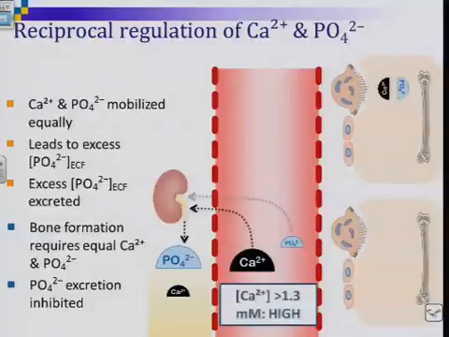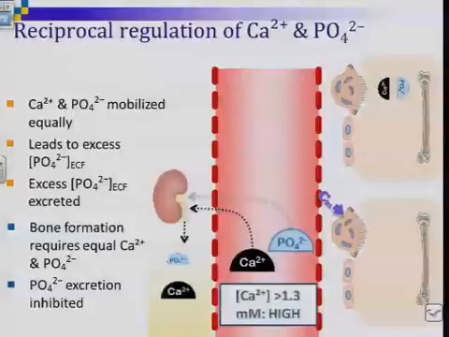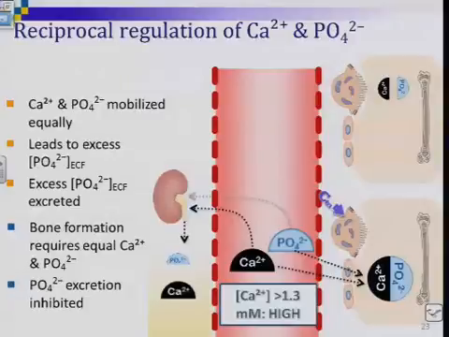And so more calcium is excreted and more phosphate is reabsorbed, giving you equal molar concentrations in the bloodstream. And then partially under the influence of calcitonin to inhibit the osteoclast, we favor bone formation, giving you hydroxylapatite in the bone. So that's why they have to be reciprocally regulated.